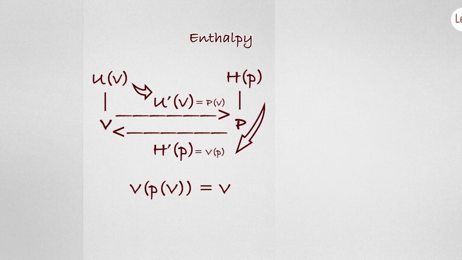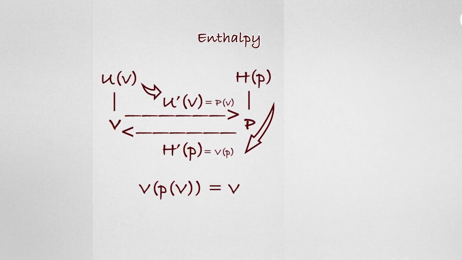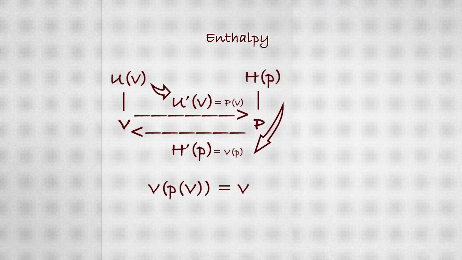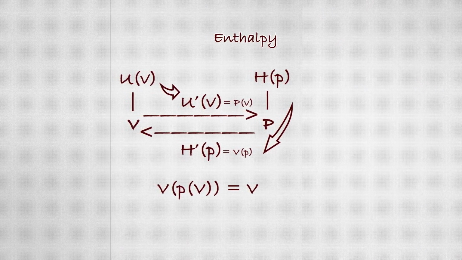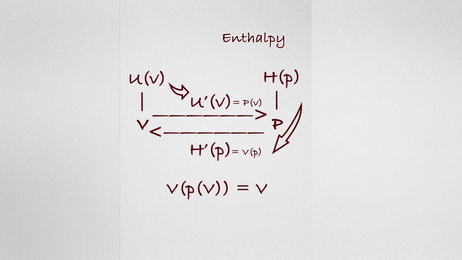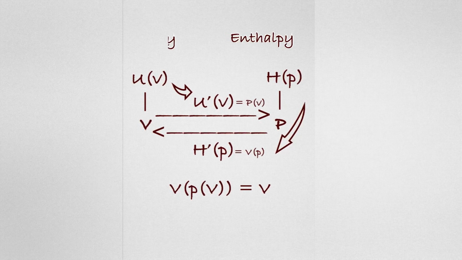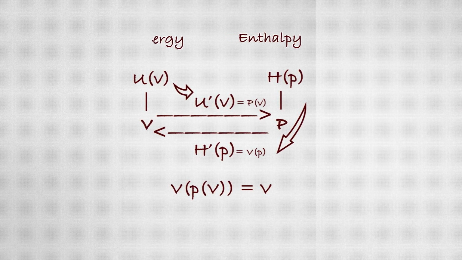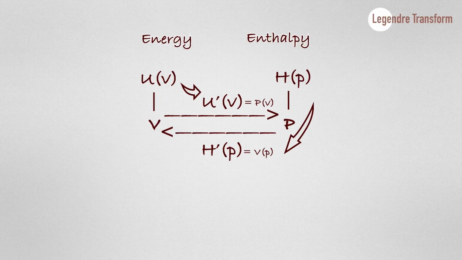So if we look at the whole structure, we would have P and V, and these are related through U prime of V and H prime of P. P of V is equal to U prime of V, and V of P is equal to H prime of P, like this, right?